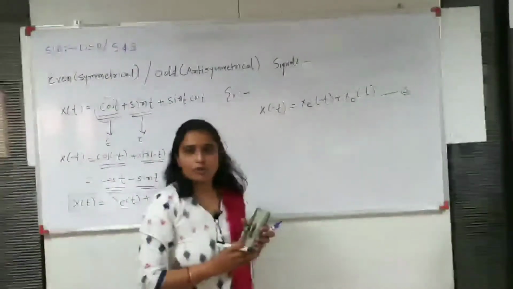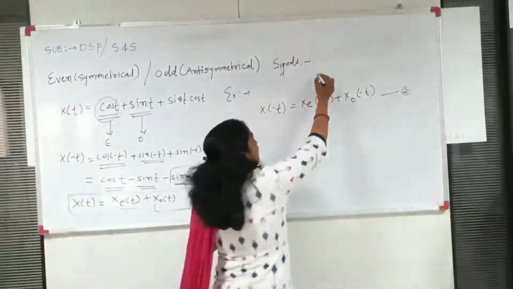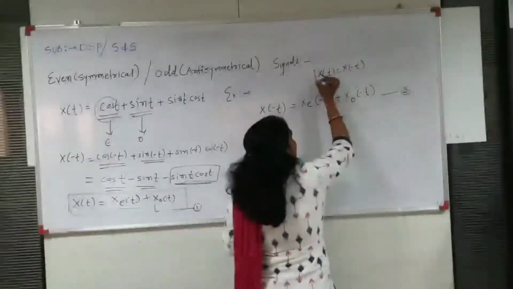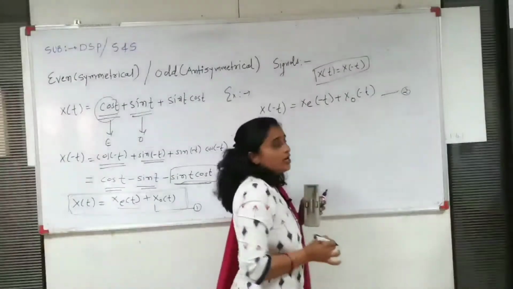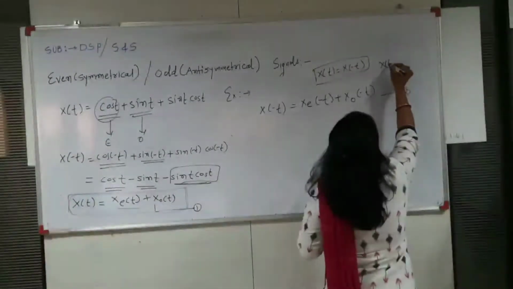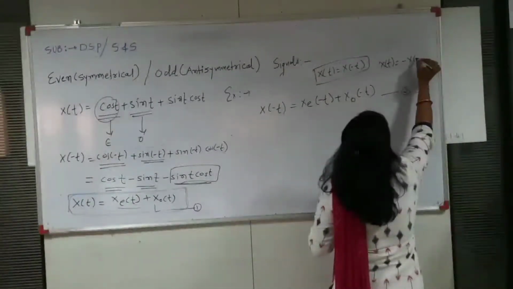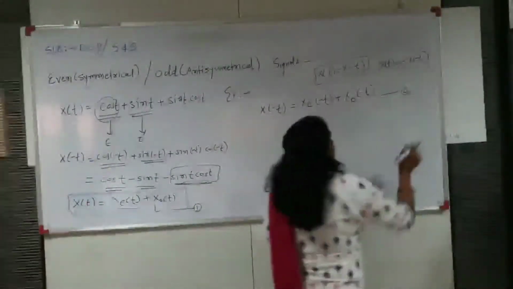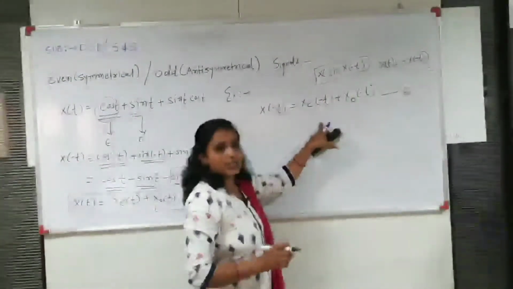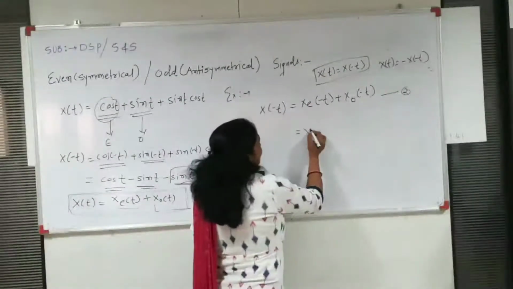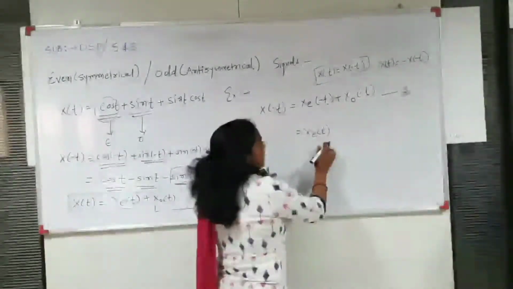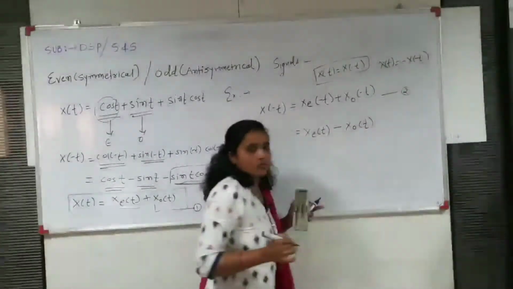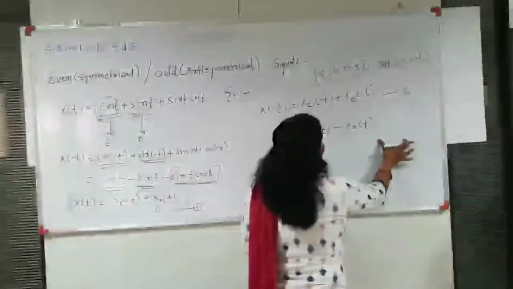Now, as we know, for the even component the condition is x of t equals x of minus t, and for the odd component x of t equals minus x of minus t. Put these values in this equation, so we can write x of minus t equals x even of t minus x odd of t. This is another definition.